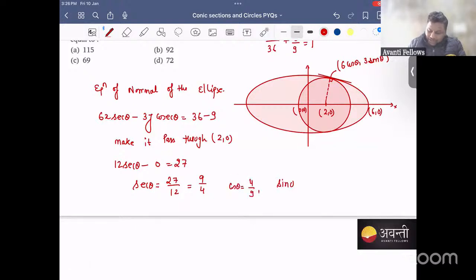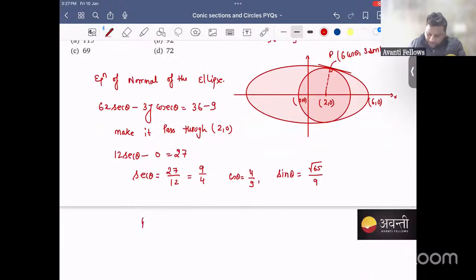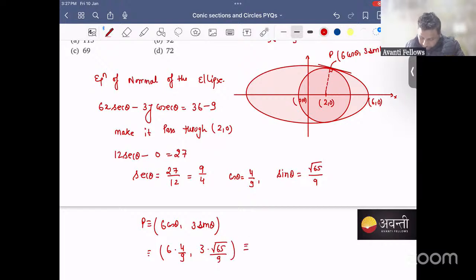In that case, sin θ will be √(81 − 16)/9, that is √65/9. So this point P, which you have assumed, is (6 cos θ, 3 sin θ), so it is 6 times 4/9, 3 times √65/9. That is (8/3, √65/3).